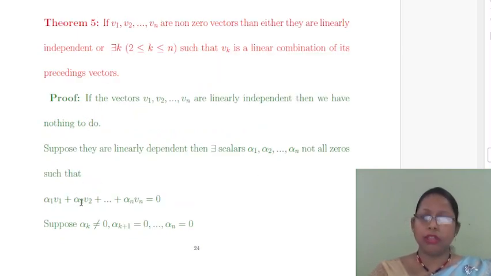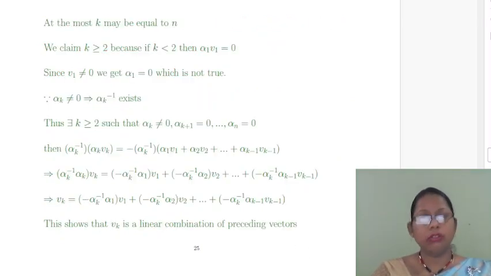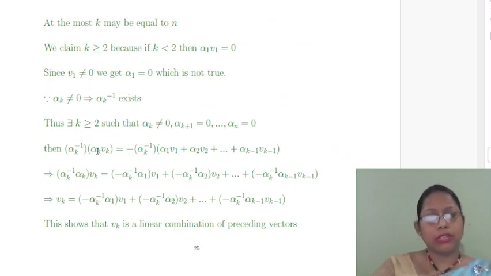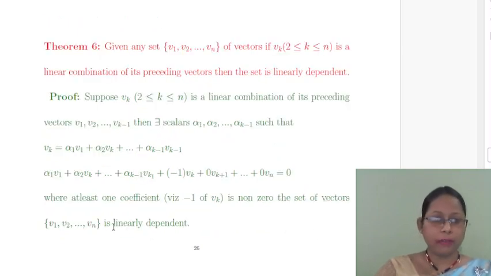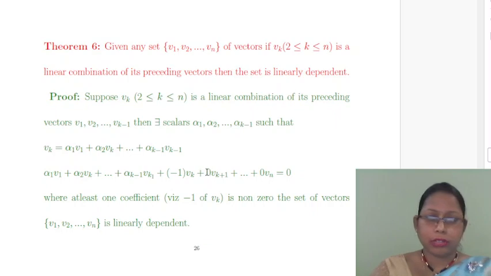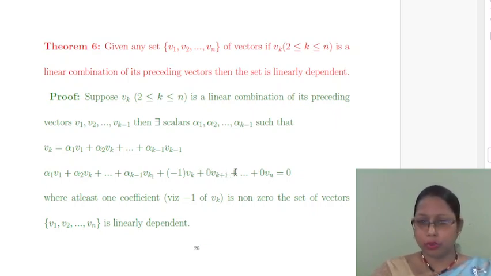From the condition alpha 1 b1 plus alpha 2 b2 plus dot dot dot alpha n bn is equal to 0, I can write this equation. Above this, all the portion is 0.